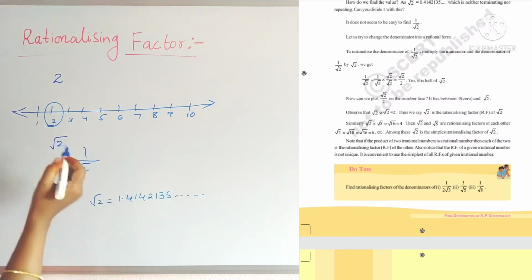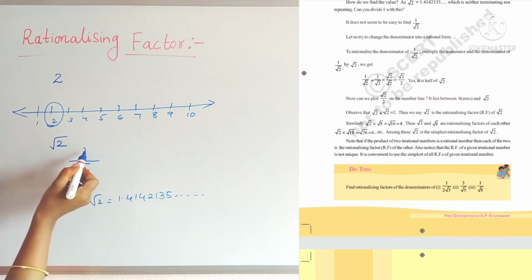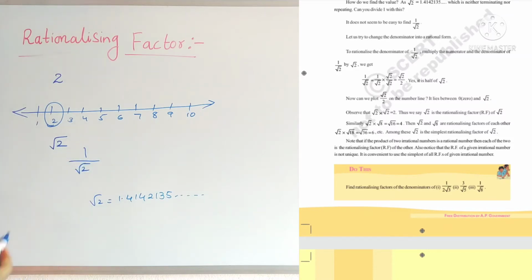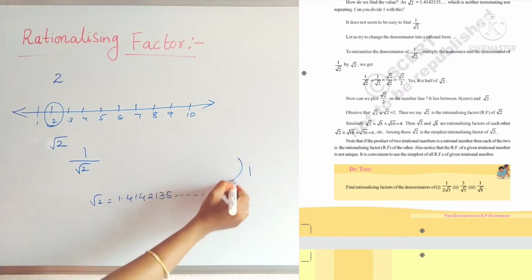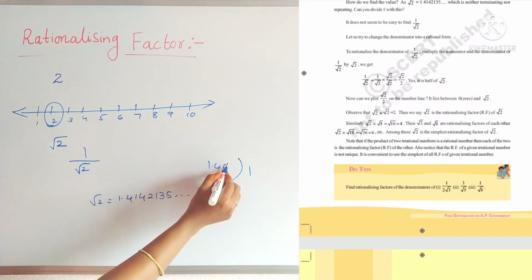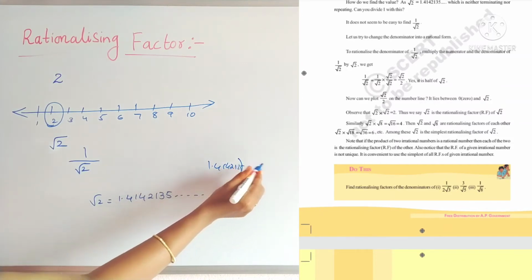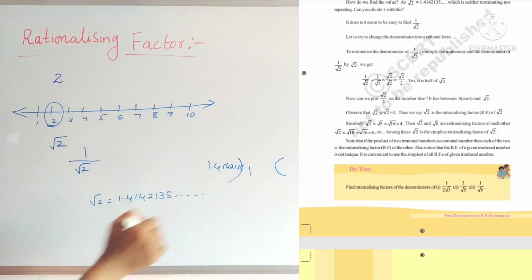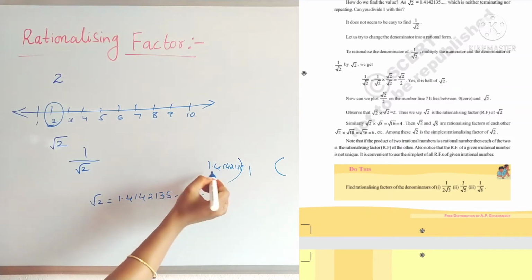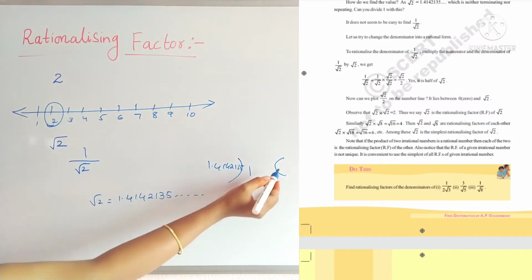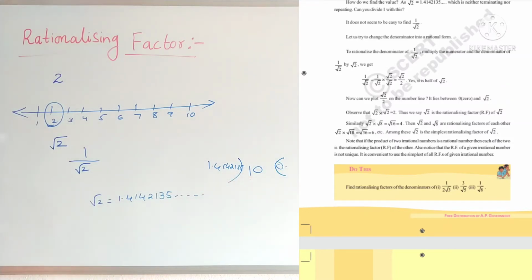Here the numerator is 1 and the denominator is 1.414213, so the division is somewhat difficult, right? Here it is greater than 1, so we put 0, and here also 0. So it is a somewhat difficult procedure to represent 1 by root 2 on the number line.